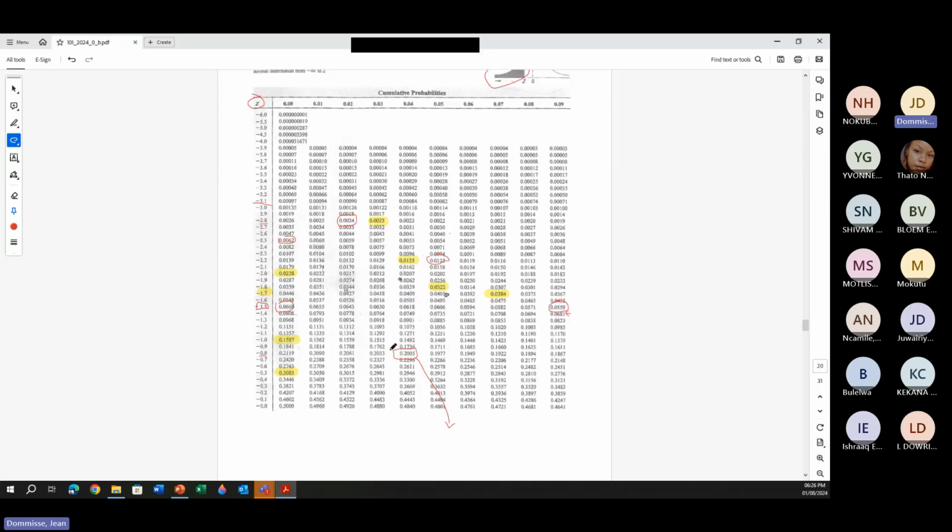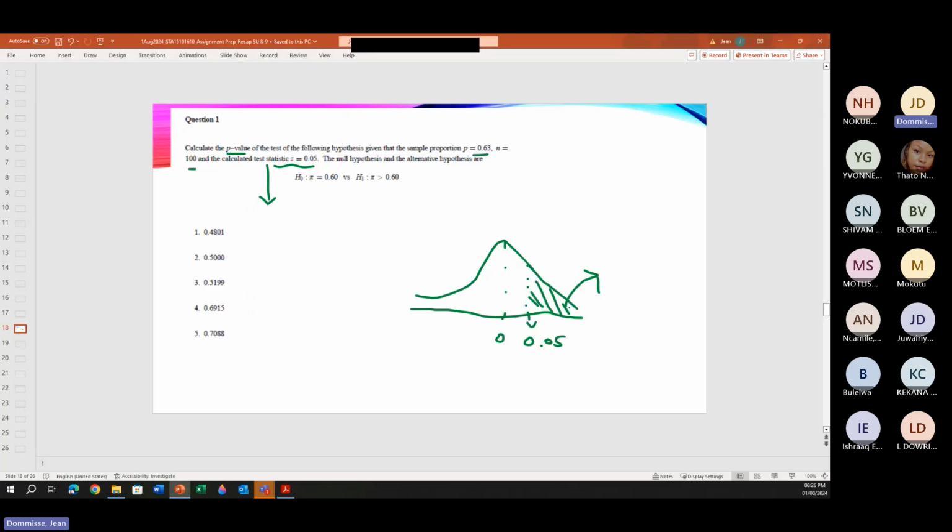Sure. 0.05, 0.05, 0.4801. And so that is really 0.4801.